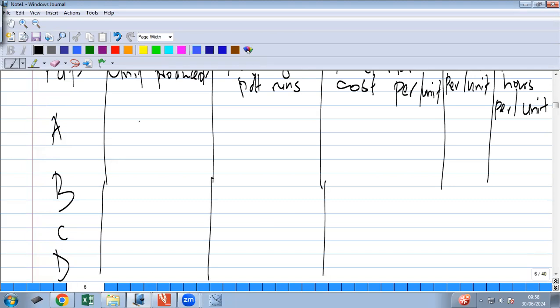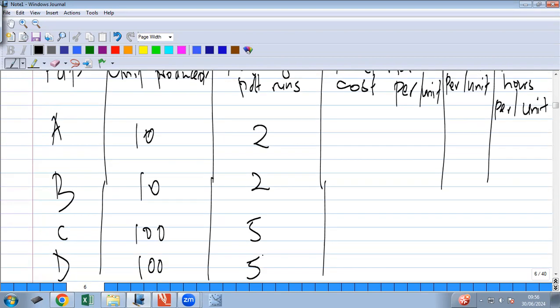We can have the number of units produced: for product A, we have 10, for B, 100, and 100 for D. Number of production runs, we have 2, 5, 5.